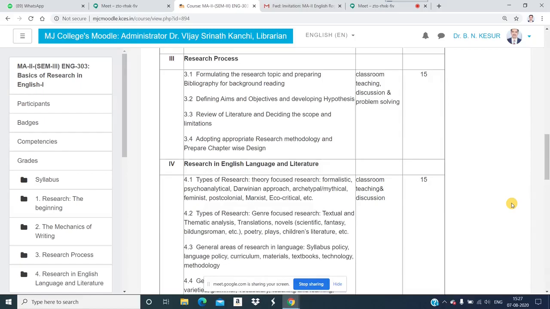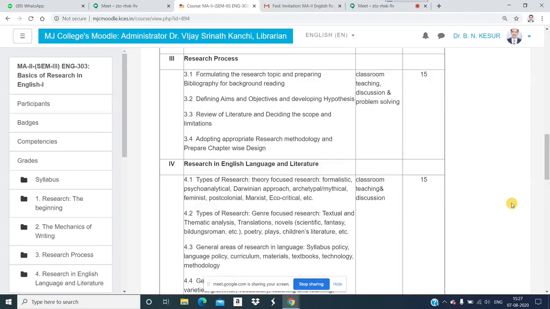So the researcher is expected to prepare that outline in such a way that in the first chapter he has to introduce what he has decided to do. Then what his methodological presentation is, or how he has decided all those things.